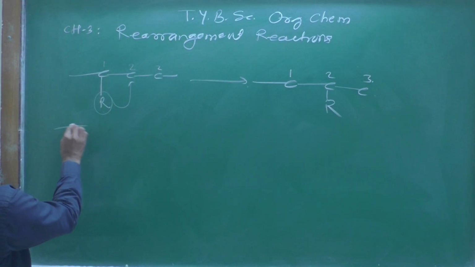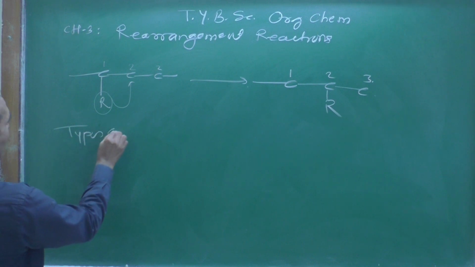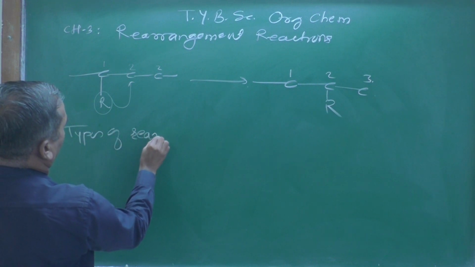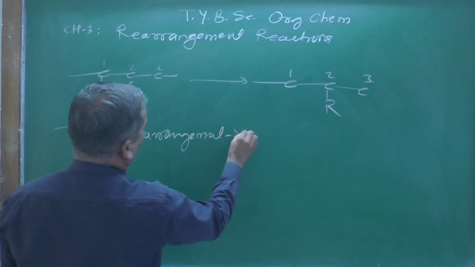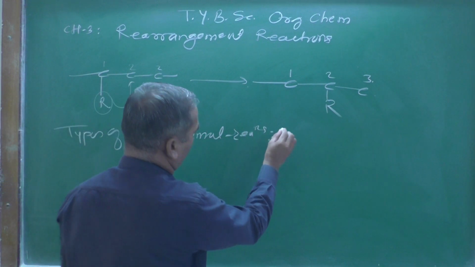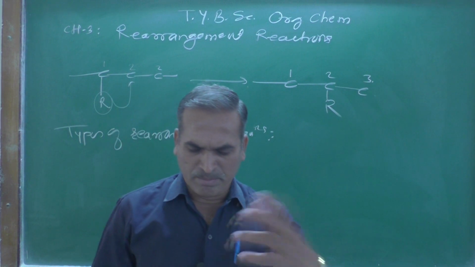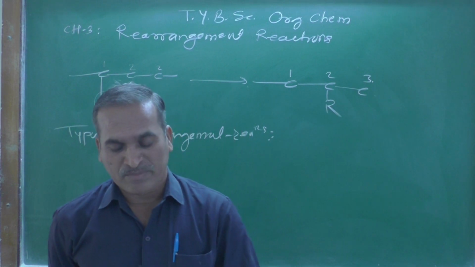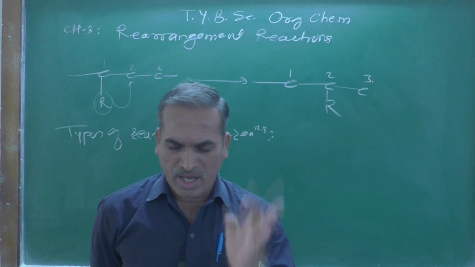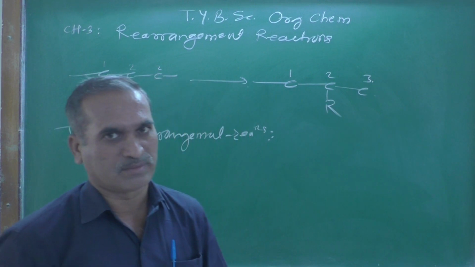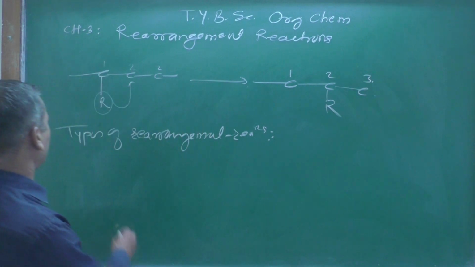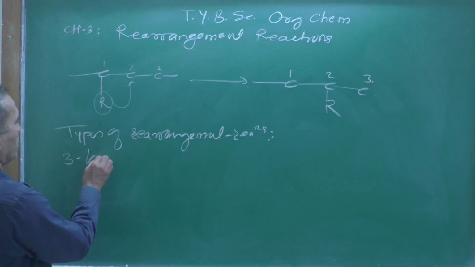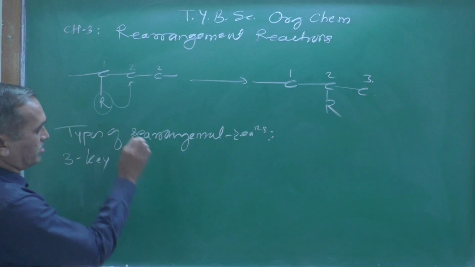After the introduction, we are going to learn the types of rearrangement reactions. How many types of rearrangement reactions are there? There are 3 key rearrangements.